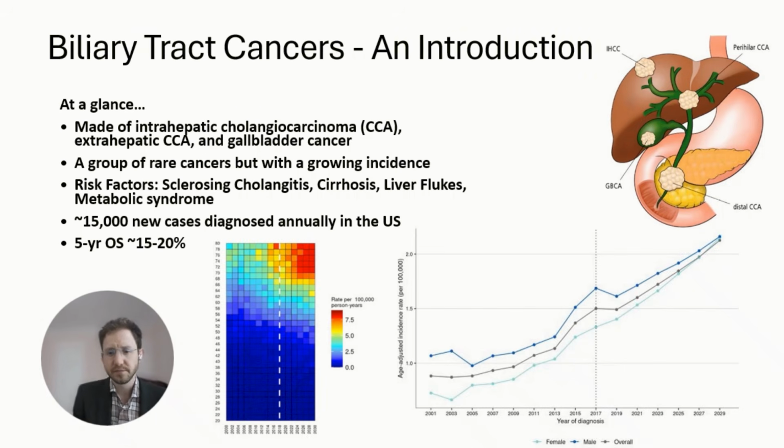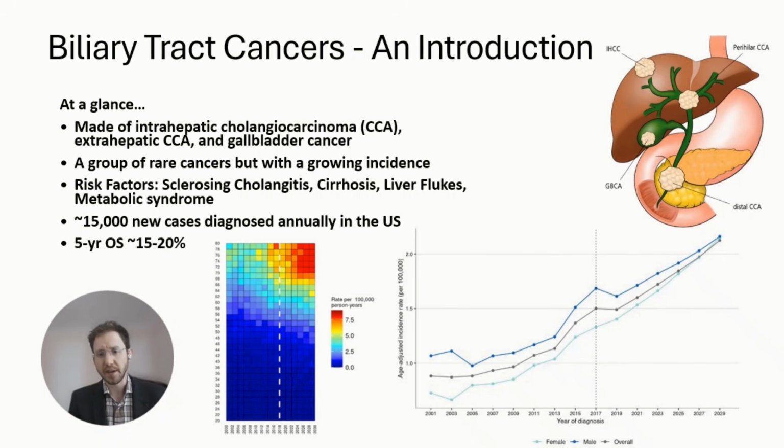So just an introduction to biliary tract cancers. This is somewhat of an umbrella diagnosis that encompasses cancers of the bile duct or cholangiocarcinoma, and that includes intrahepatic cholangiocarcinoma, extrahepatic cholangiocarcinoma, which can be further subdivided into the perihilar subtype of cholangiocarcinoma, and also the distal extrahepatic cholangiocarcinoma.